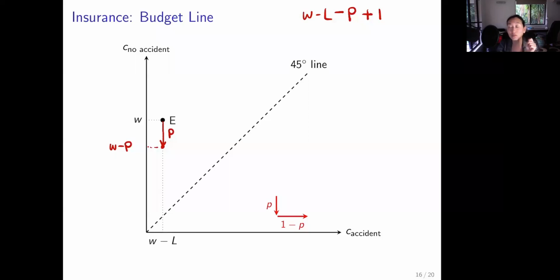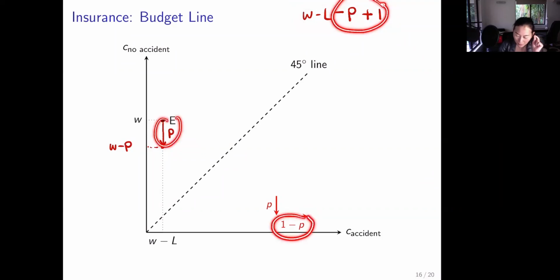That means that in the case of accident, you can claim for that 1 unit that you purchase at the price P, right? So when you buy insurance, this is going to happen. So you have the bill less P plus 1, right? So you're actually going to be increased by 1 less P, right?